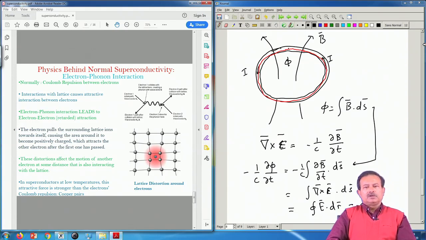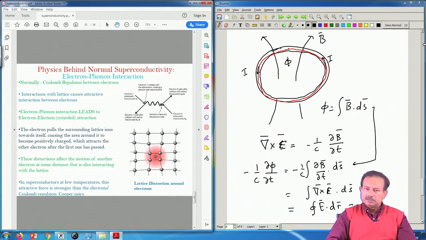So, the phenomenology is now established: you have a Meissner effect, you have zero resistivity, and both of them are required to define something as a superconductor.